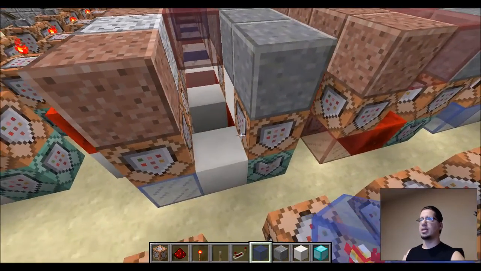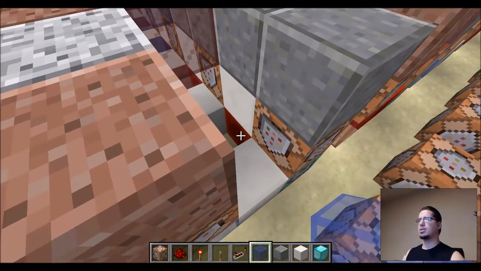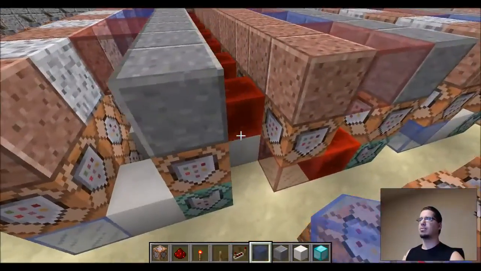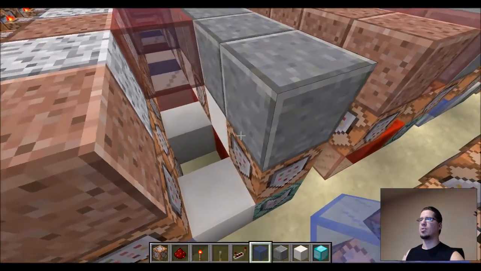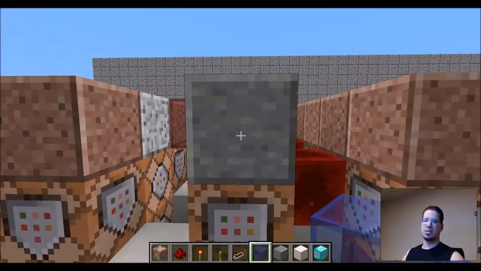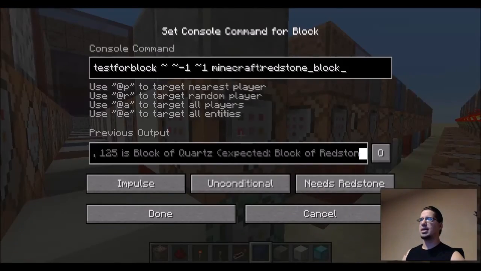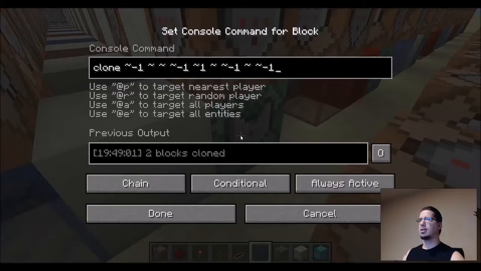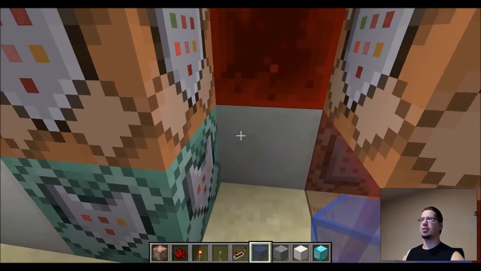So when we read, we want this particular orientation to move over here. Because as you can see right now with the data off, we have this orientation. And what we want is this orientation. So for our read signal, which is the gray here, we are testing for a redstone block in the data bit position, which is right here. So if this is a redstone block, then and only then, because this is conditional, will it clone directly what's behind here to this location here.